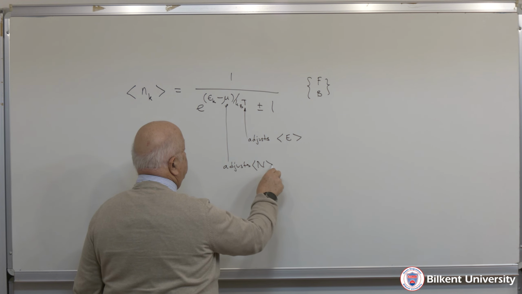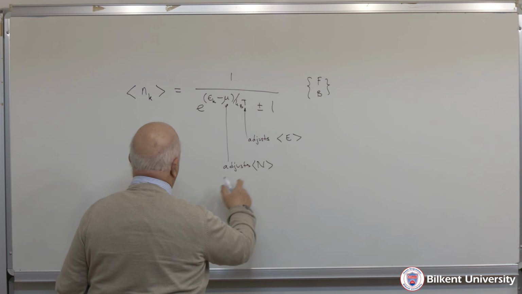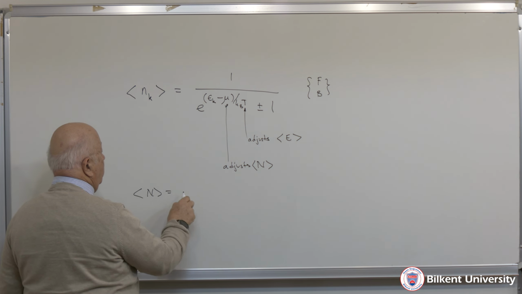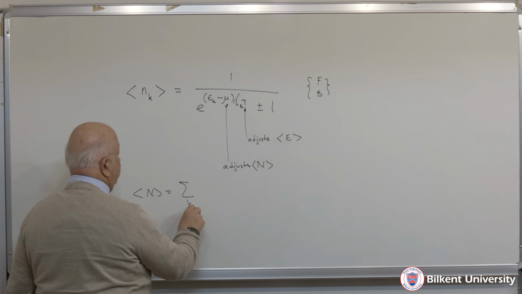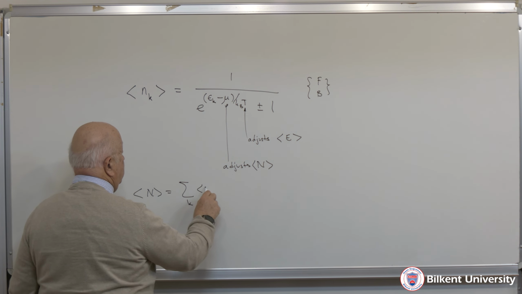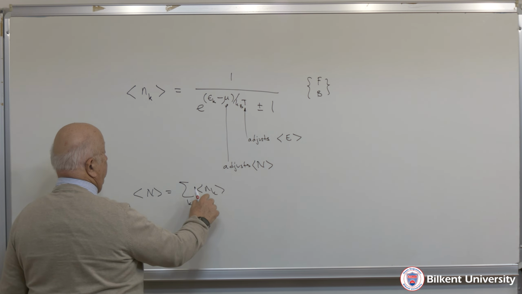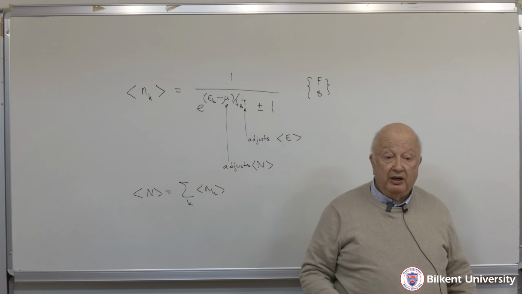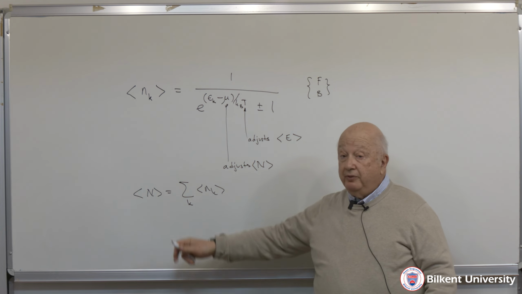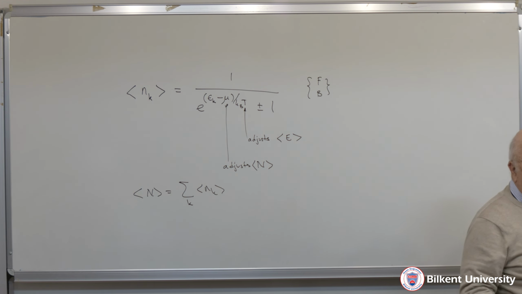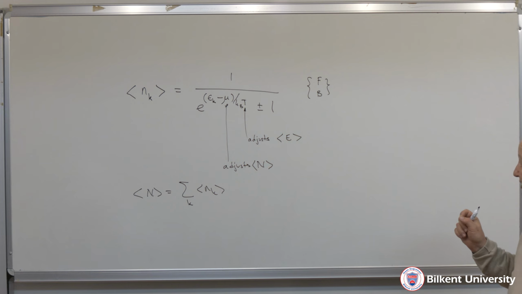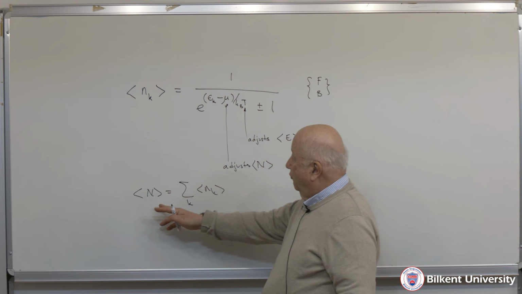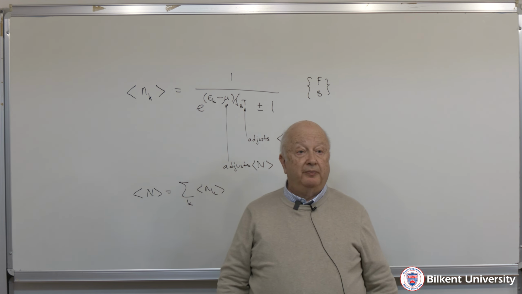In fact, I should put it like this. What is n? The average value of n is the total number of particles in the system, so it's going to be the sum of nk. I have small nk particles in the kth state, and if I add them all up, that's what I get. So I adjust this mu in order to get the number of particles that I want in the system.